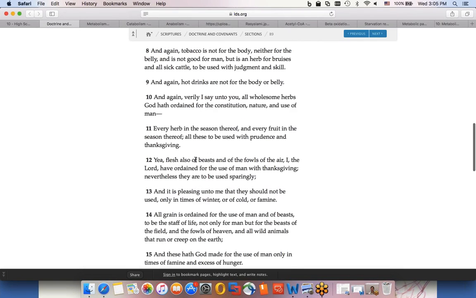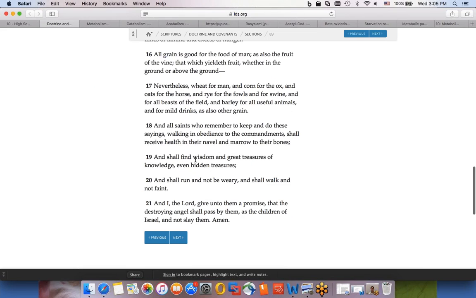And then that shows that it also says that if we do it, it won't just help our physical body, it will help us mentally. In verse 19, it's trying to find wisdom and great treasures of knowledge, even hidden treasures.